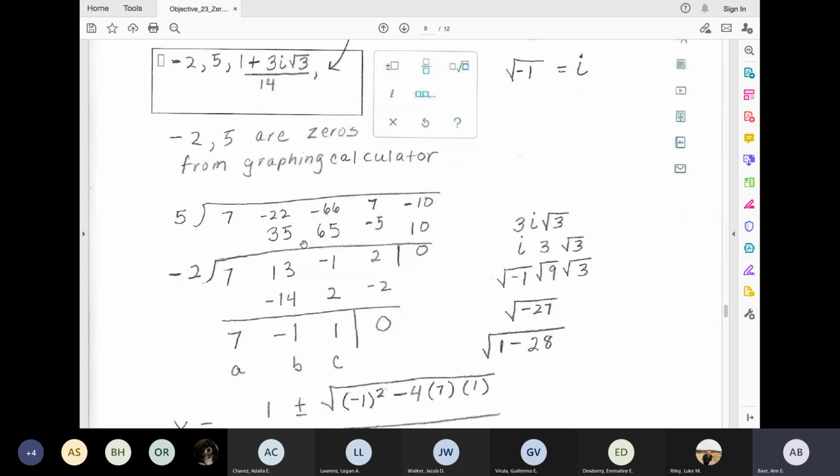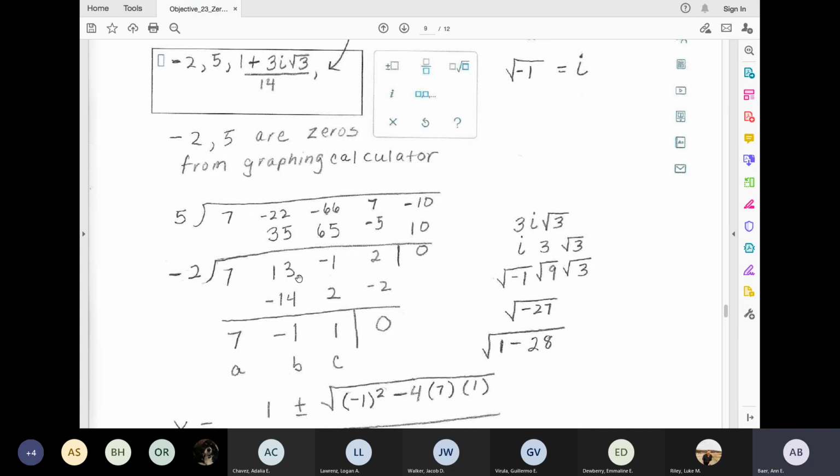And let's see if we can now calculate our numbers. So this number gets dropped right there. Okay? Then what do I want to do? We want to multiply. So we take 5 times 7 to get 35.